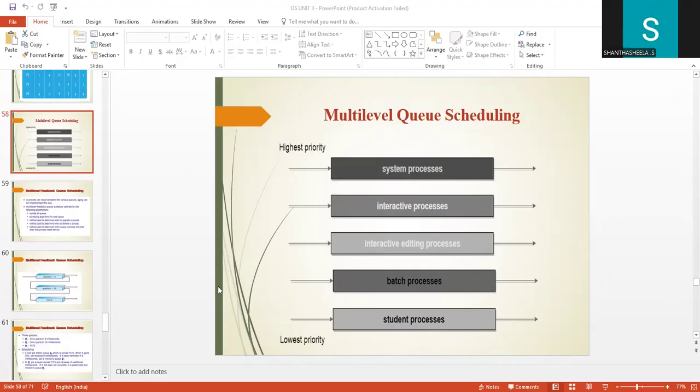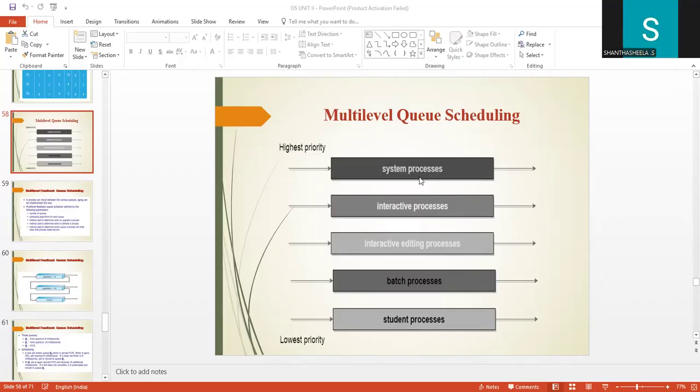Among the queues, they implement the fixed priority scheduling algorithm. That's why in the diagram, the system processes have the highest priority. The system process queue has the highest priority compared to the student processes queue.